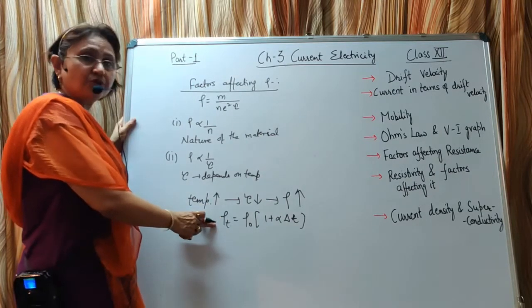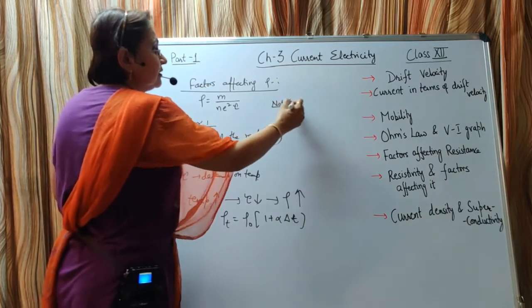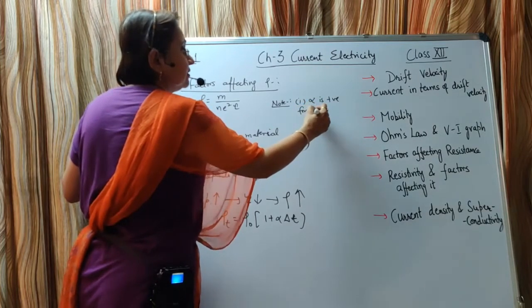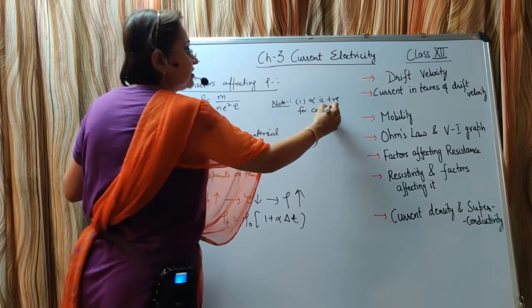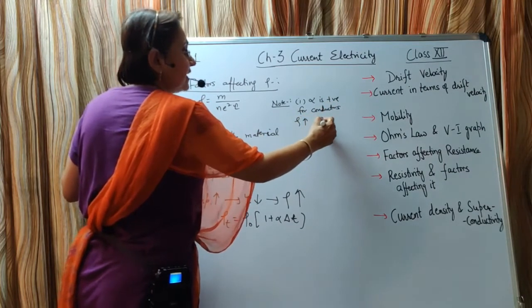Now let's note down a few points from this formula. The first point is, as alpha is positive for conductors, the resistivity of conductors increases with rise in temperature.